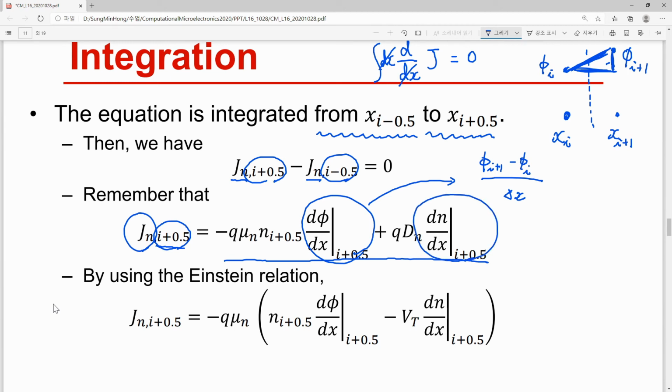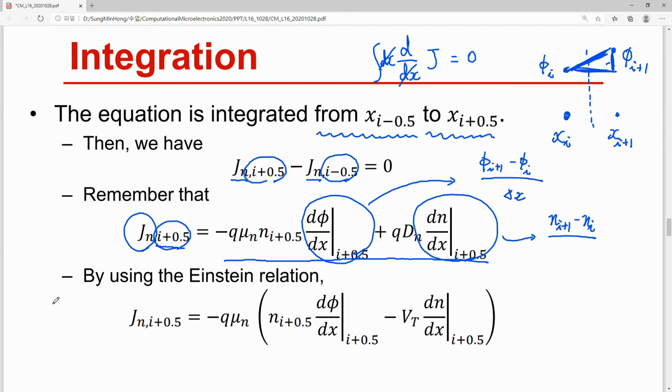Also, this dn over dx term can be expressed as n i plus 1 minus n i, divided by delta x.